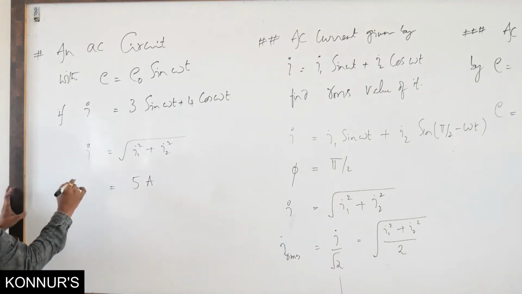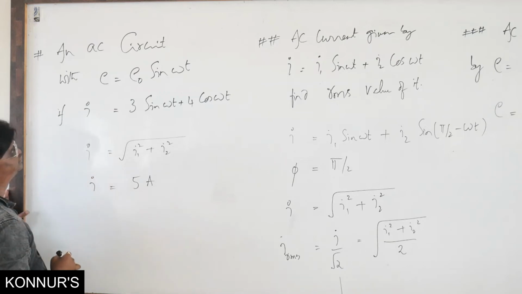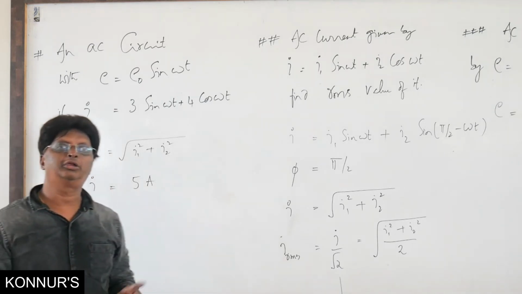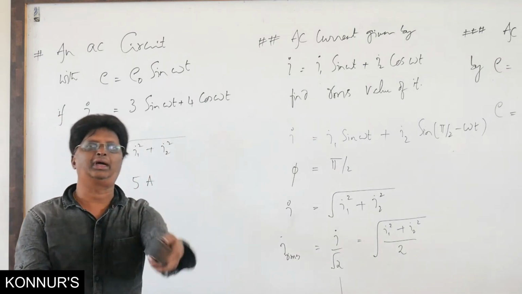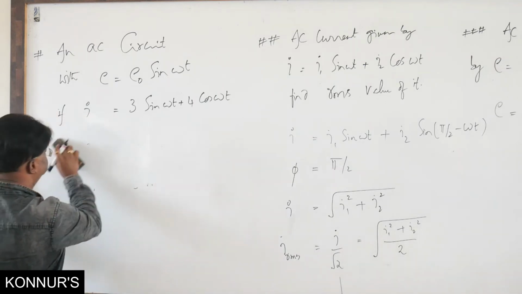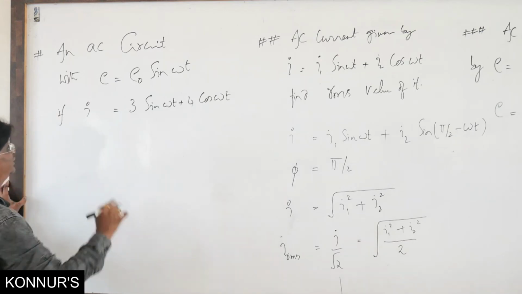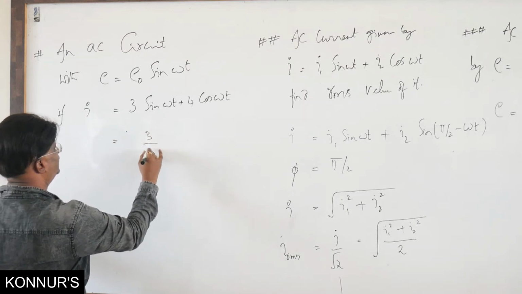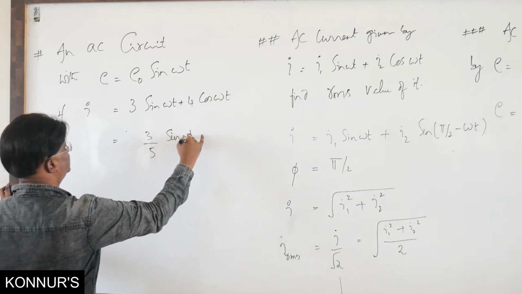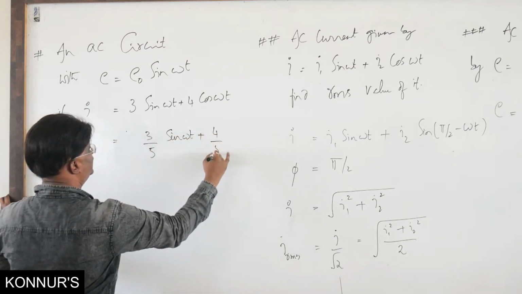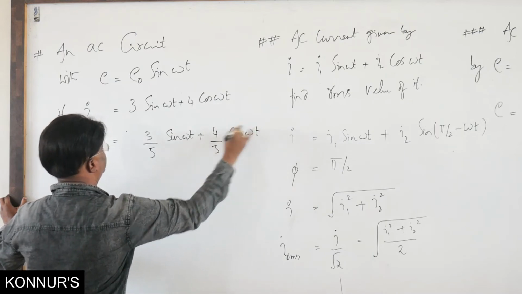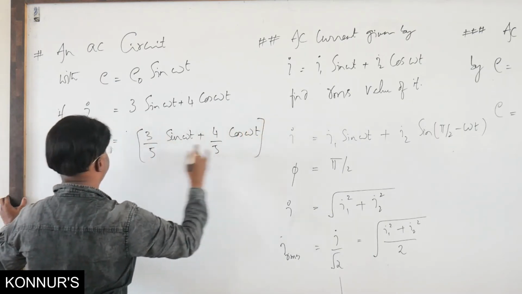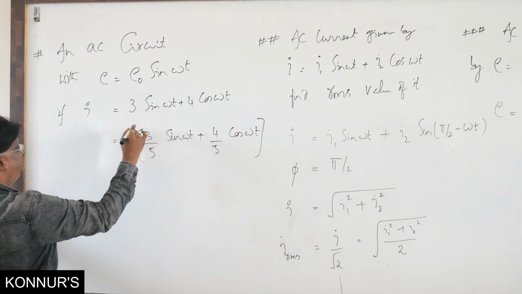But how do we say whether this 5 ampere is the peak value or the instantaneous value? That is why let us do it another way. A small simplification: suppose this is 3 by 5 sin omega t plus 4 by 5 cos omega t. I am just dividing and multiplying with 5.